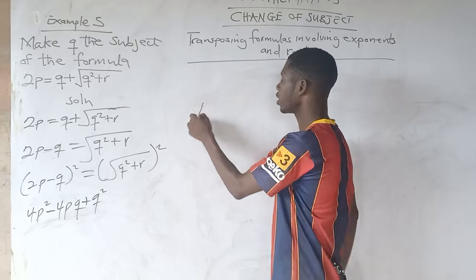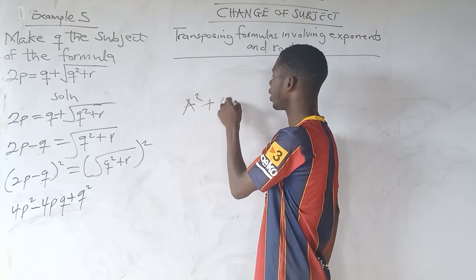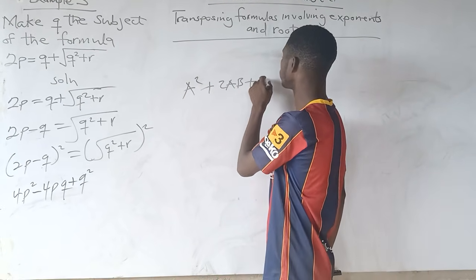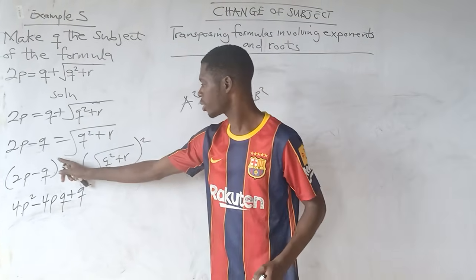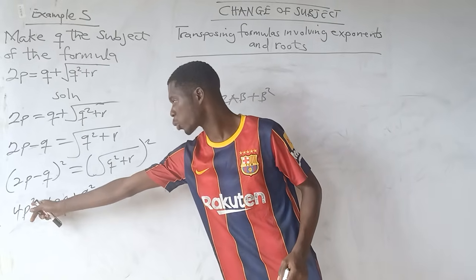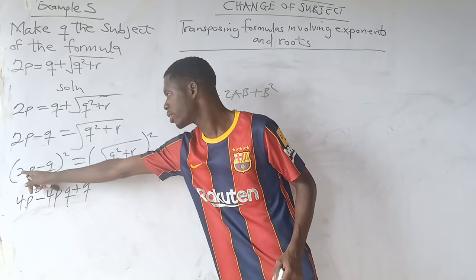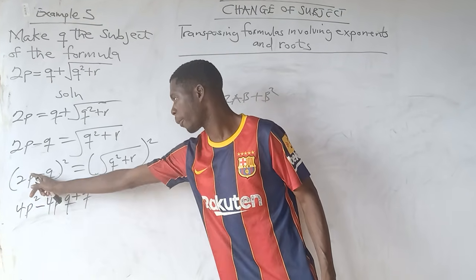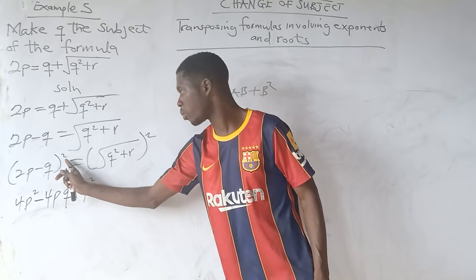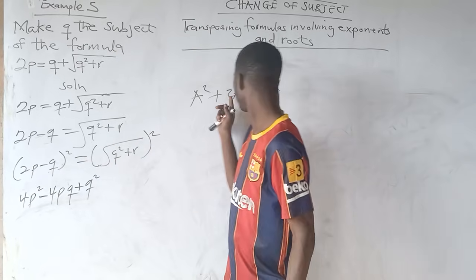The formula is a squared plus 2ab plus b squared. Okay, so a squared, you square 4p squared, right? Because we have to square all of them. But this one is a number, so square this one, you get 4. Then p, we still keep it like that. Then you multiply this one, that's ab, 2ab.